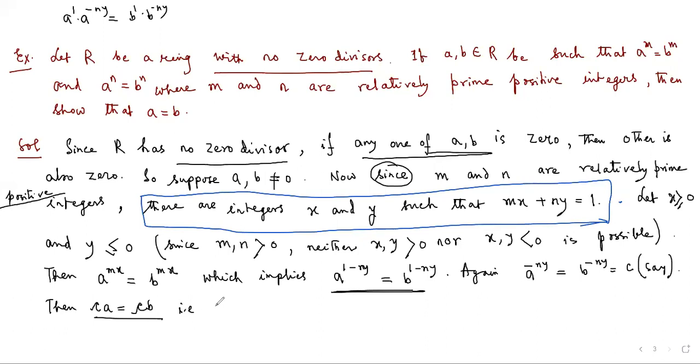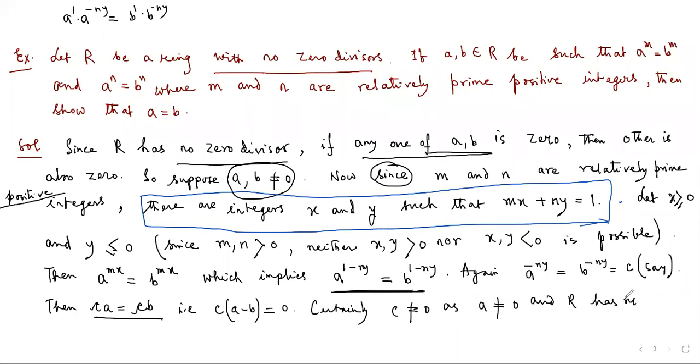That is c into a minus b equal to 0. Certainly c not equal to 0 as a not equal to 0. We have already assumed over here, and R has no zero divisors. Thus, a minus b is equal to 0. That is, a is equal to b as required.